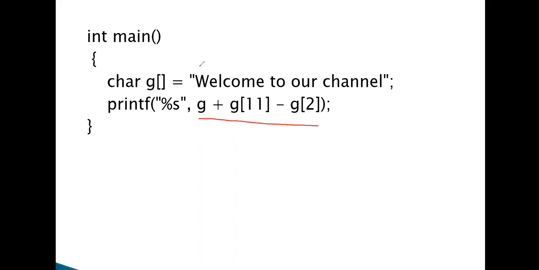So first write down the indices 0, 1, 2, 3, 4, 5, 6. Space is also counted, 7, 8, 9, 10, 11, 12, 13, 14, 15, and so on. So what does g contain? g contains the base address, the starting address.